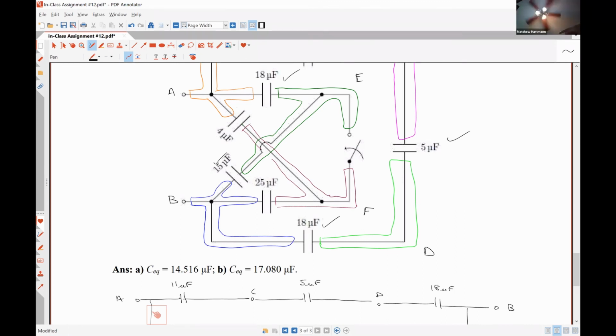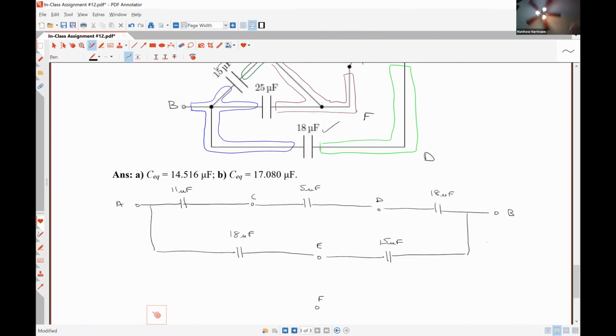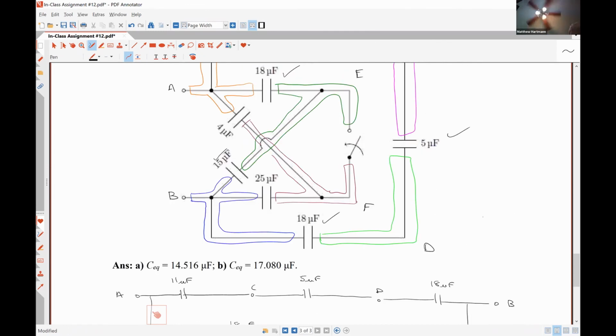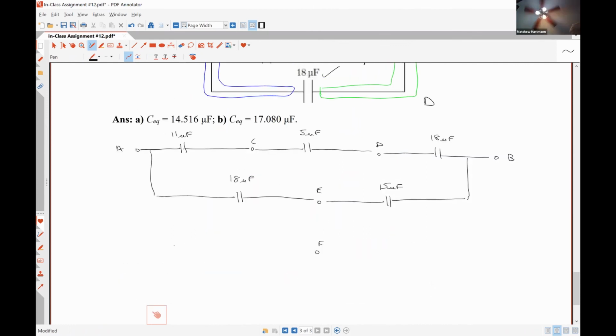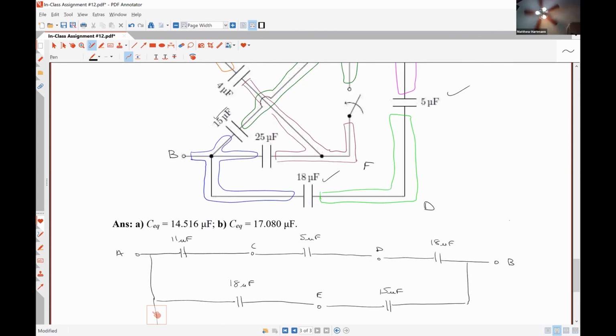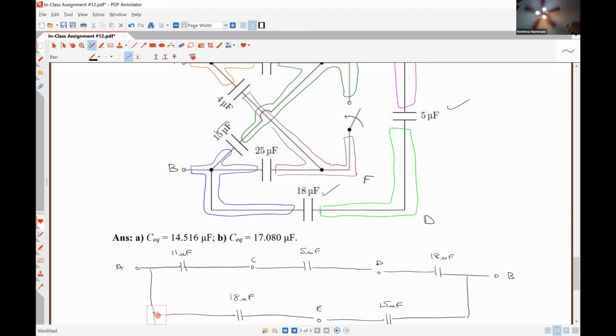And then my last path from A to B is A to F to B. Where from A to F, I have a 4. And from F to B, I have a 25.